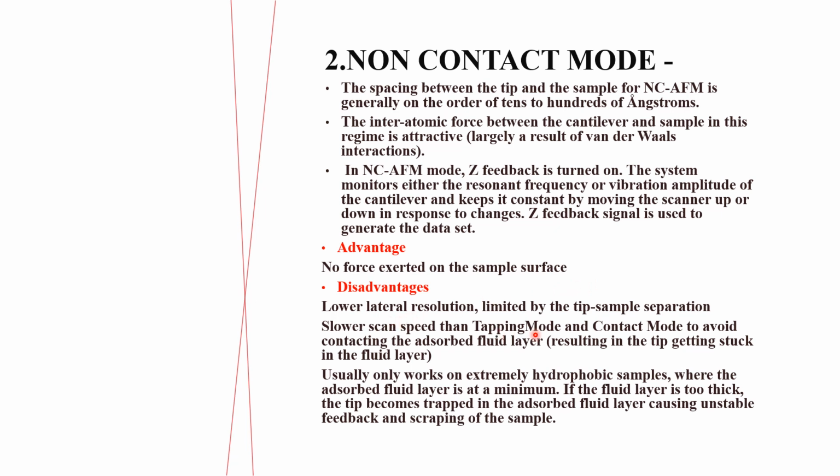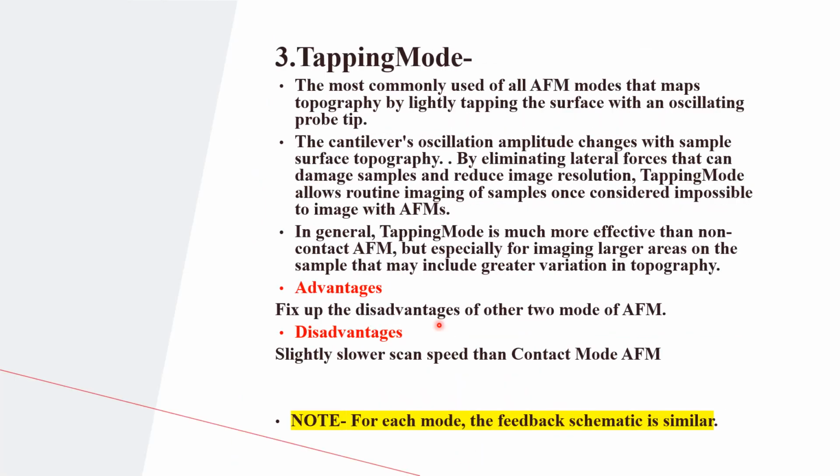Disadvantage: lower lateral resolution, limited by the tip-sample separation, meaning the resolution capacity of the lateral side gets lowered, slower scanning speed compared to the other two modes, and it usually only works on hydrophobic samples. If the medium is thick, the tip becomes trapped in it and causes unstable feedback or scraping of the sample.